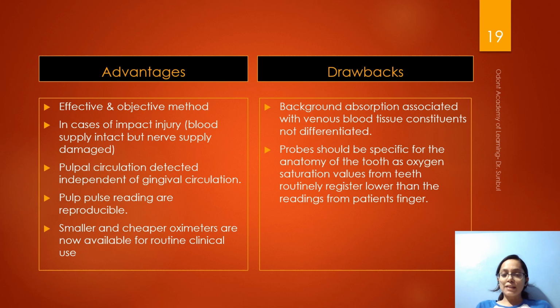But the drawbacks are some background absorption with the venous blood flow is also there, so we cannot differentiate it. The probes should be specific for the anatomy of the tooth, as the oxygen saturation level will be lower than the reading from the patient's finger if we're comparing it to that.